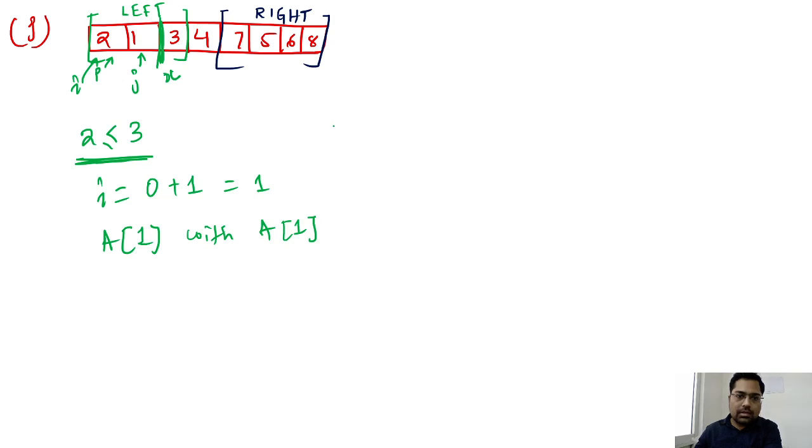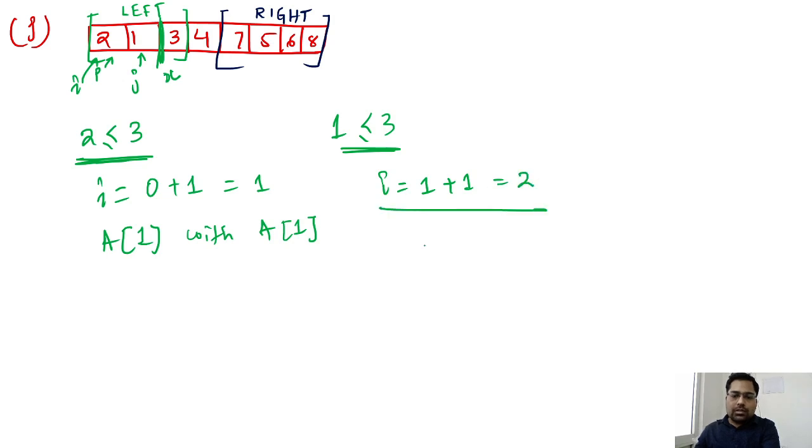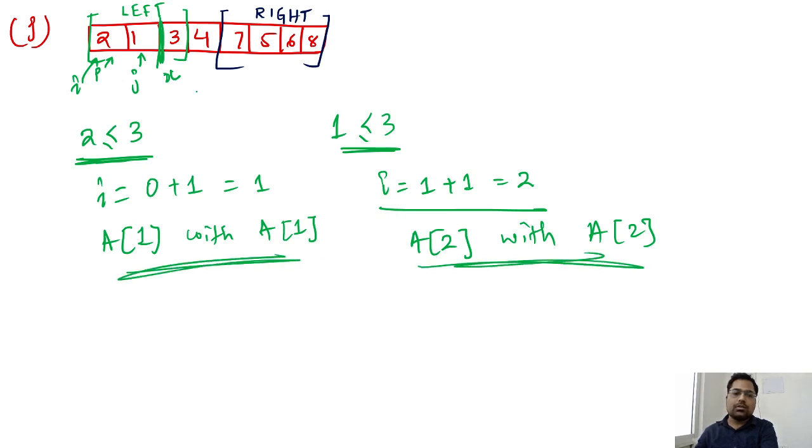Here we check whether 1 is less than or equal to 3 or not. Yes, we found it. So the I value was previously 1, now it will be incremented to 2. Once it is done, A of I, which is A of 2, with j at 2, so we swap A of 2 with A of 2, and the I value points to here.